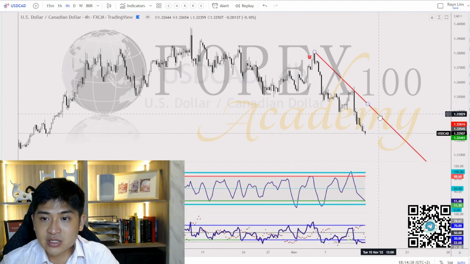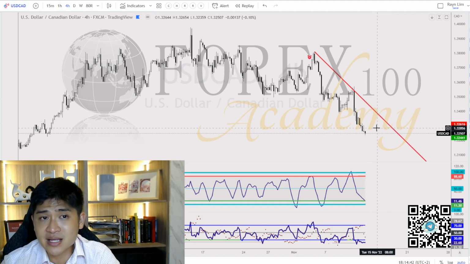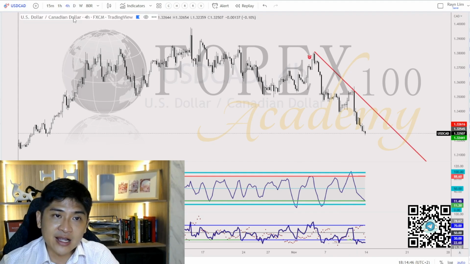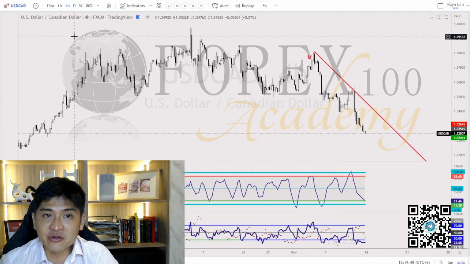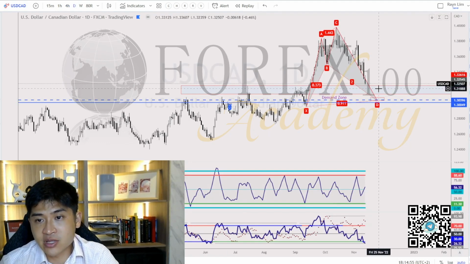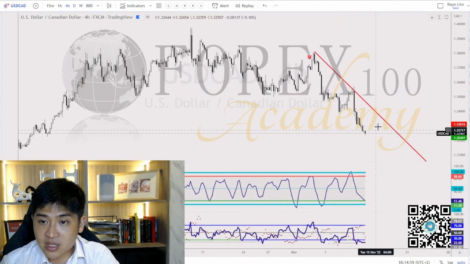This is what I'm looking at, a shorting opportunity over here. If the market rebounds back up, definitely I'm not going to buy, because I don't know where the turning point is over here. Yes, I can estimate, but that is not the best way to engage a trade. I like my money, if I'm going to risk it, it has to be the lowest risk and highest returns. And to short it, I could even extend all the way. First target is definitely the recent low, assuming this is the turning point.